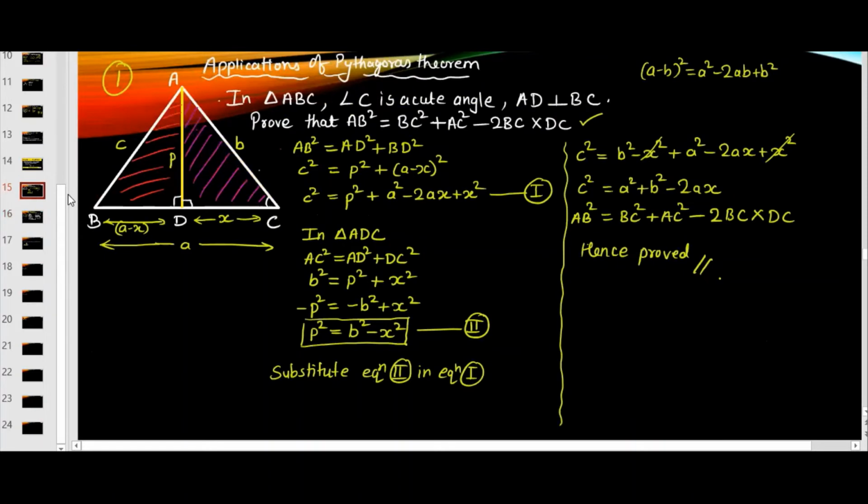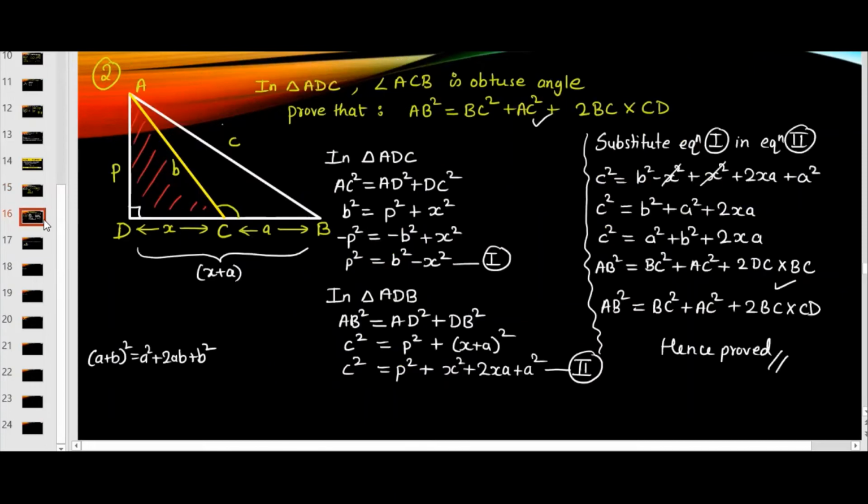Just see the diagram and see the proof here. It says the AB square is equal to BC square plus AC square minus 2 times BC multiply DC. And in the second, it says AB square is equal BC square plus AC square plus 2 times BC multiply CD.